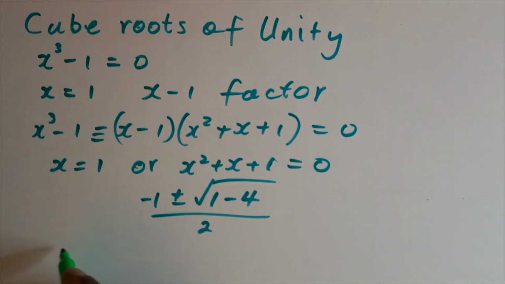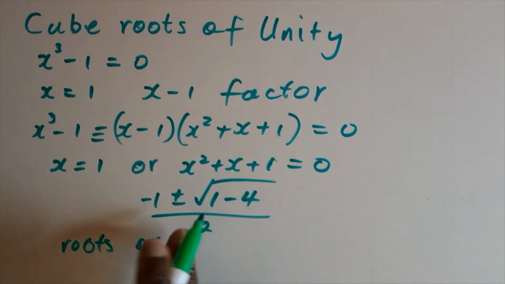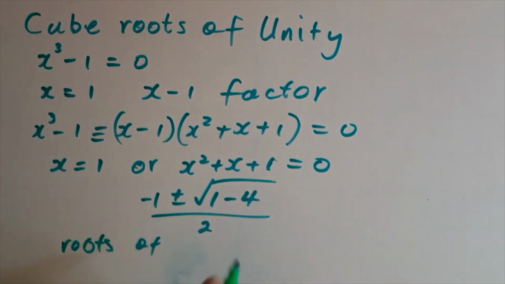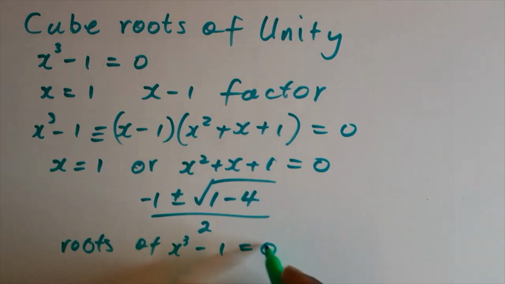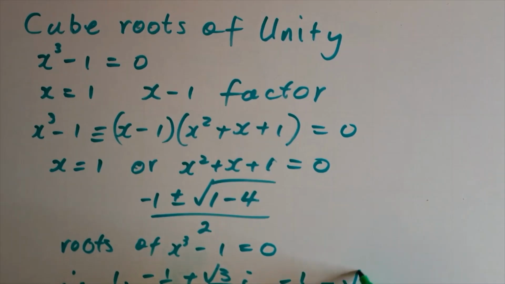So the roots of x cubed minus 1 equals 0 are therefore 1, minus a half add root 3 over 2i, and minus a half minus root 3 over 2i.